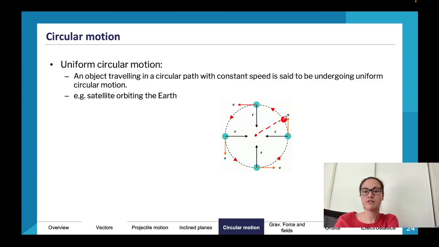It's like this. So you've always got that equal force going in, and that velocity is always perpendicular to it, going out in that one direction. Okay, so that is constant speed, just heading out in that direction.